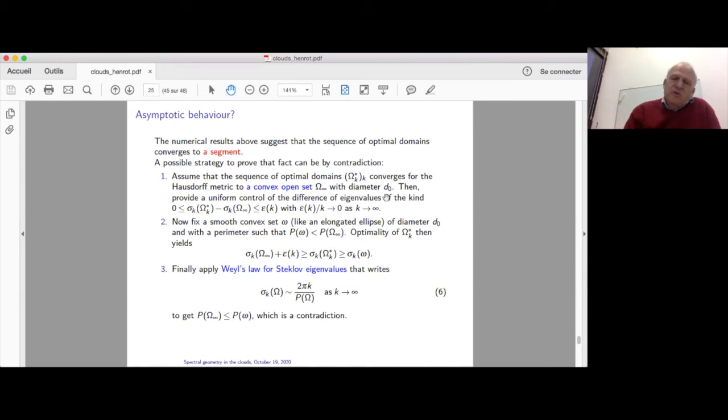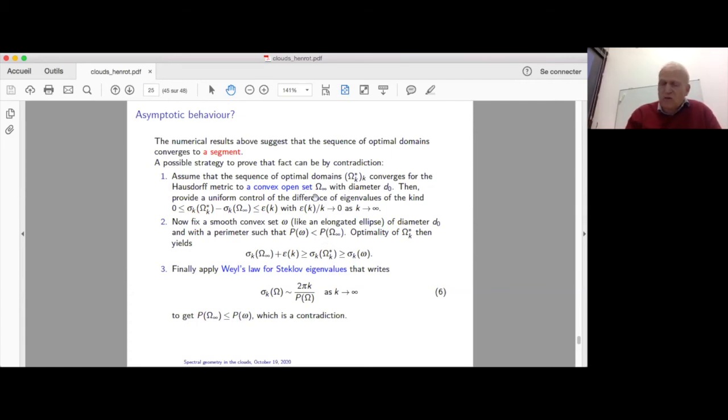with the same diameter. First of all, we probably need a technical result to get a control of the difference. And then we choose something which looks like a segment, a very long ellipse, so that its perimeter will be smaller than the perimeter of the limit.